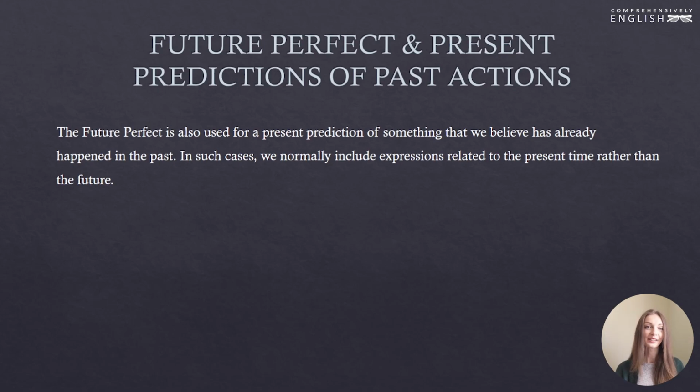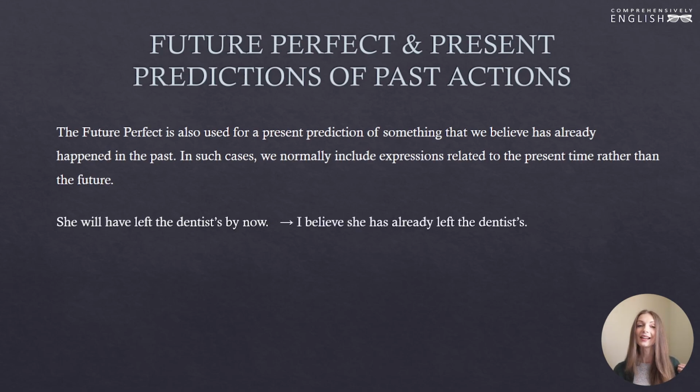Examples will make this clearer. She will have left the dentist's by now. It's my present prediction about something that I believe has already happened. I believe she has already left the dentist, so I say, she will have left the dentist by now.